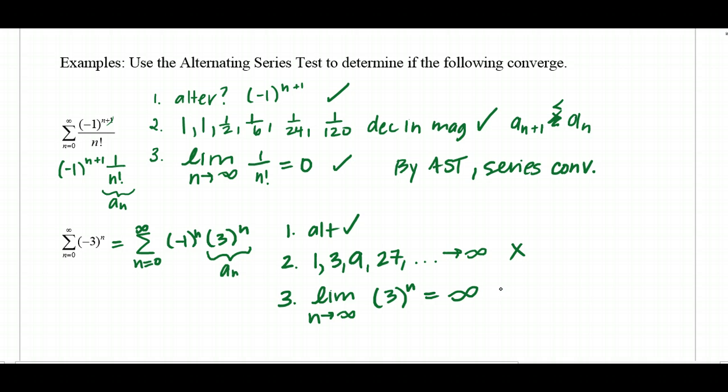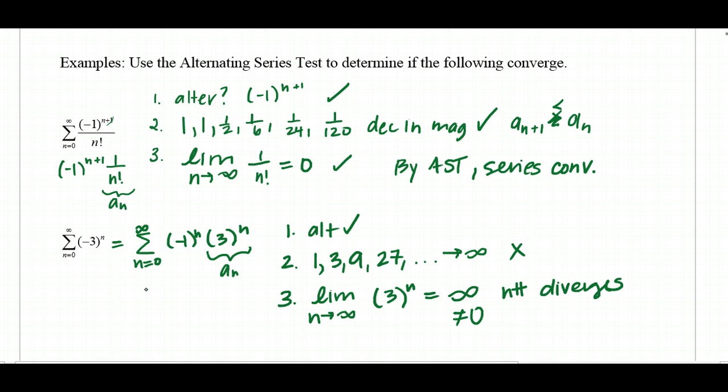So here is where I would say by the nth term test, the series diverges. So even though I did fail the second part to the alternating series test, I would never want to say that I diverge by the alternating series test. I have to show that instead the limit of the general term is non-zero, right? This does not equal 0. So by the nth term test, we have that this infinite series diverges.